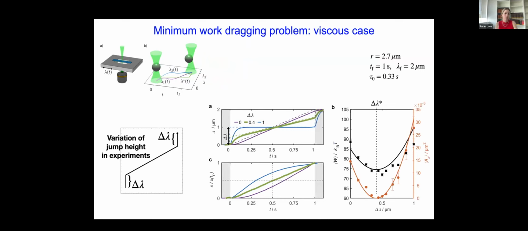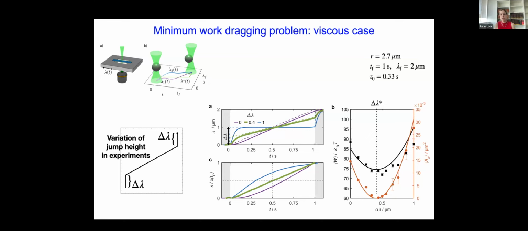And what we did was we said, okay, the protocols all have the same form with a jump and then a linear dragging in the middle, but let's vary the jump height and measure the work and see what comes out. And here on the right-hand side in this plot, you see by black symbols the work.